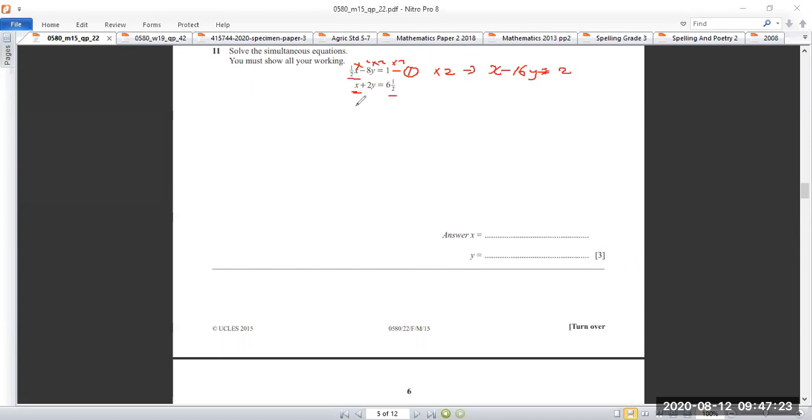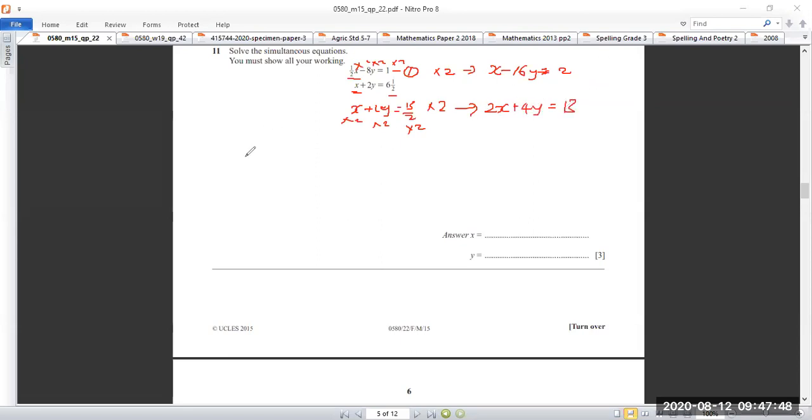Then we can work out this one: x plus 2y is equal to 13 over 2. Multiply throughout by 2, and this will give you 2x plus 4y is equal to 13.